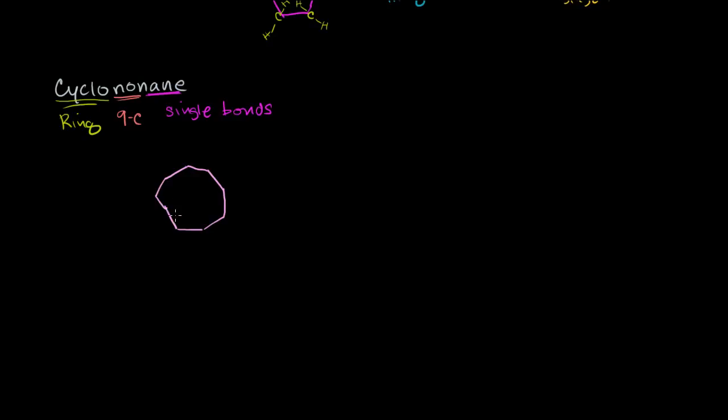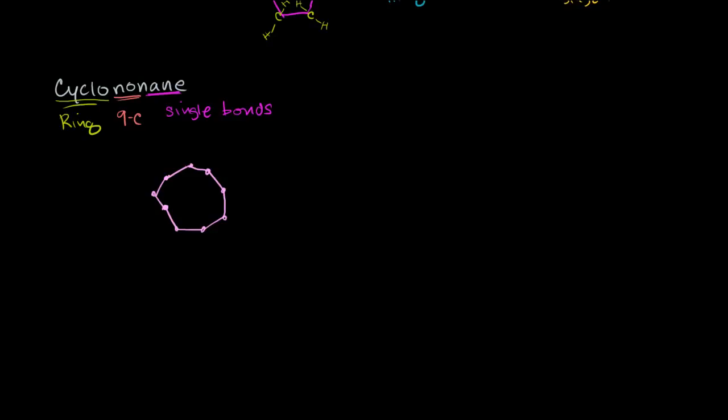I could have drawn it better than that, but hopefully you can see all the edges here. So I have 1, 2, 3, 4, 5, 6, 7, 8, 9 carbons. It's in a cycle, it's in a ring. I have 9 carbons, and they're all single bonded. So this is cyclononane, although there's probably better ways to draw that ring.